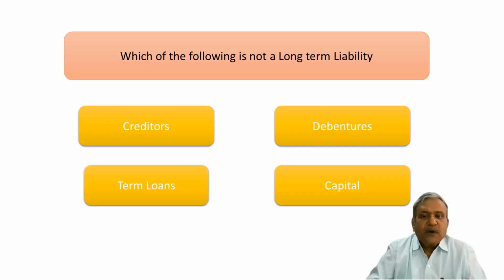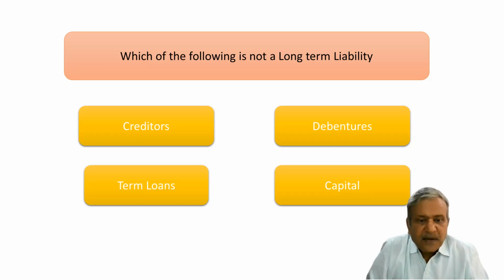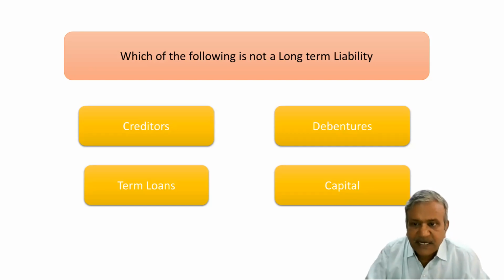Look here. I want to explain to you. Many of you may be confused here. Sir, capital is a liability. Yes, as per the rules of accounting, going concern, the business is separate from the owner. Whatever capital the business has taken, the company has to give it back at the time of closing.